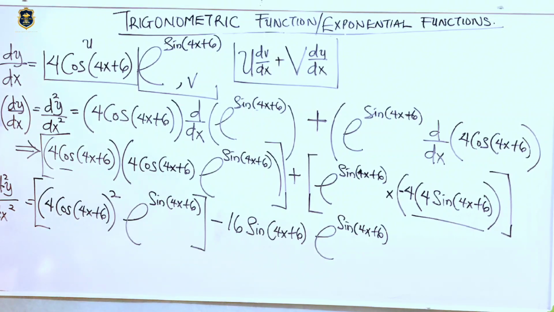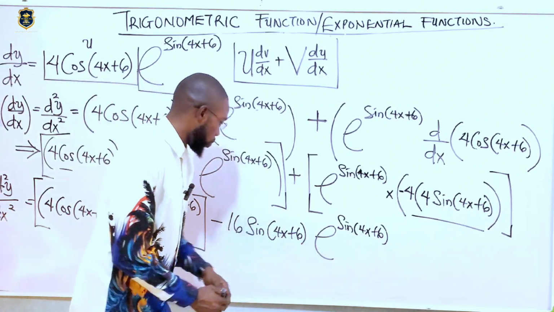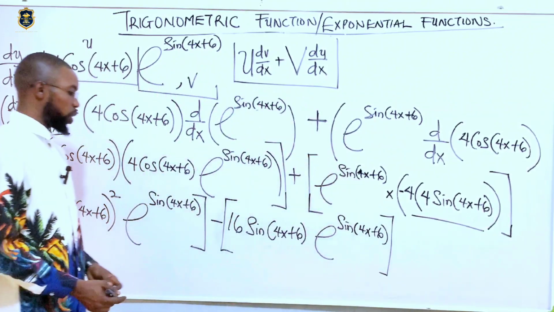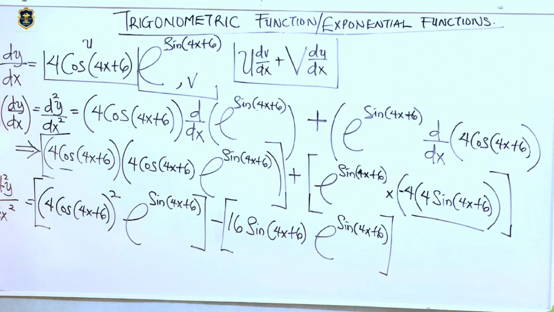But we're not done. Trust me, we're not done. Why do I say we're not done? We are seeing this one and this one here doing the same thing, so we just factorize and bring one out. I've done this in the previous video.